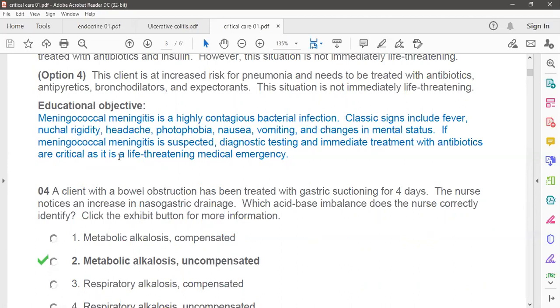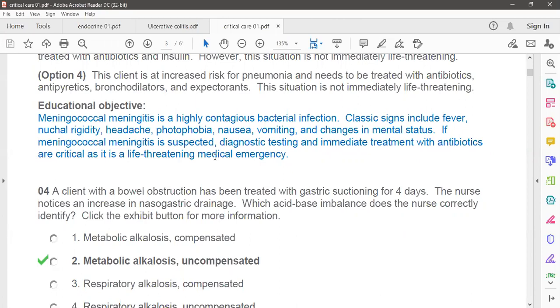If meningococcal meningitis is suspected, diagnostic tests and immediate antibiotic treatment are critical as it is a life-threatening medical emergency, right?